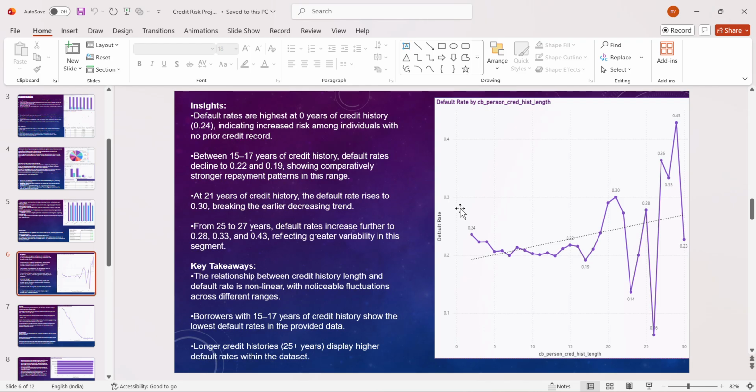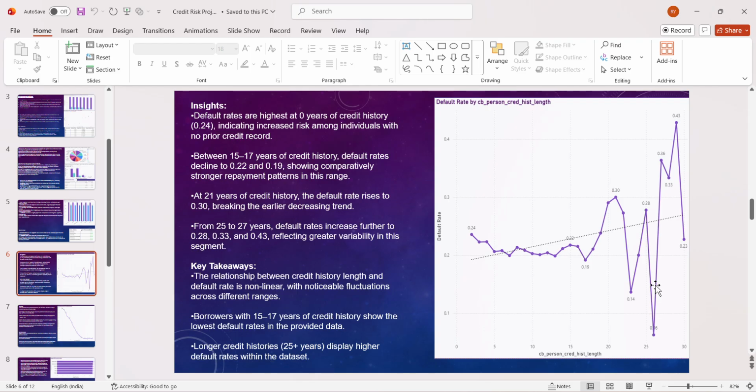At 21 years of credit history, default rate rises to 30%, breaking the earlier decreasing trend. From 25 to 27, default rate increases further to 28, 33, 43%, reflecting greater variability in this segment.